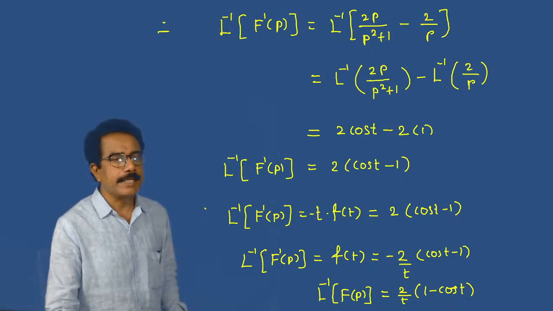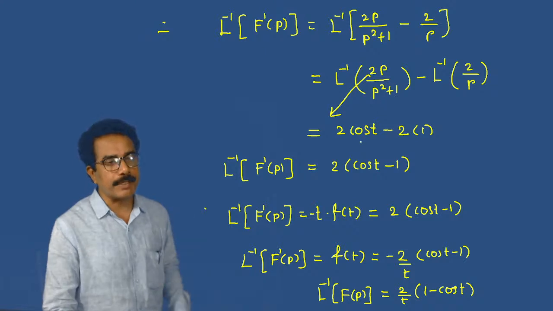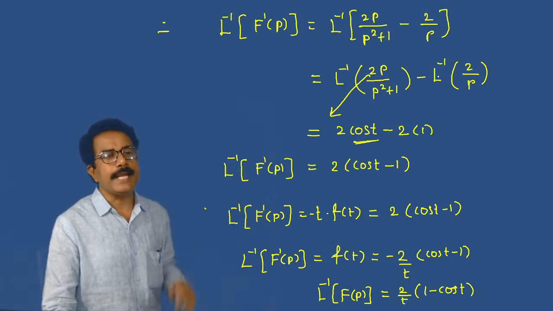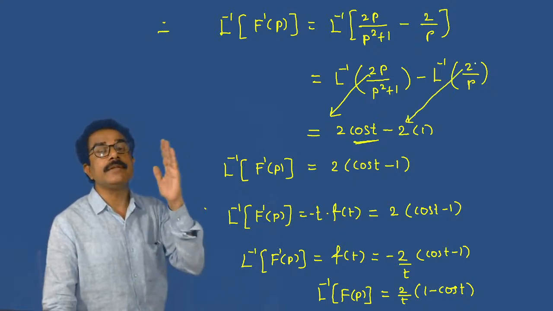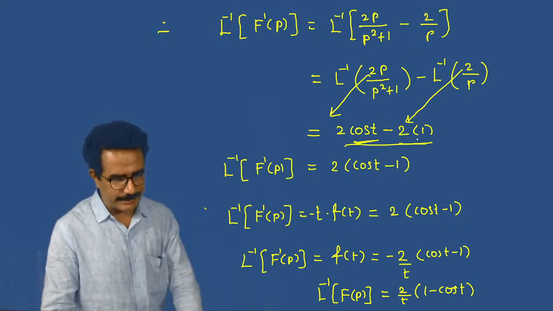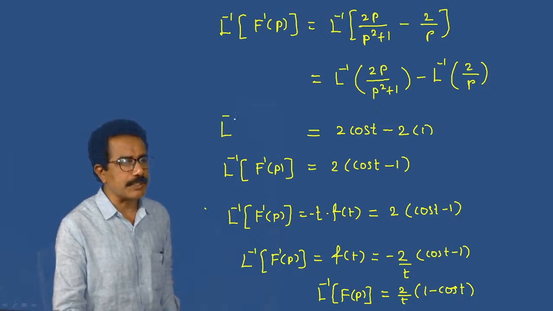But here, keep these two as it is. L inverse of p divided by p square plus 1 means cos t, because here a is 1. And L inverse of 2 divided by p, keep 2 as it is. L inverse of 1 upon p is equal to 1. So we can write this. This is the L inverse of F dash of p.